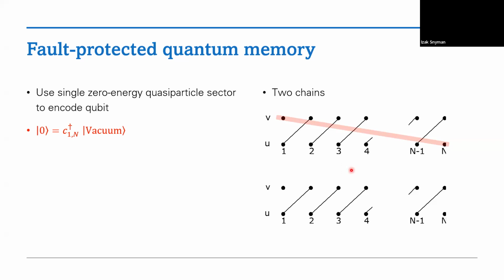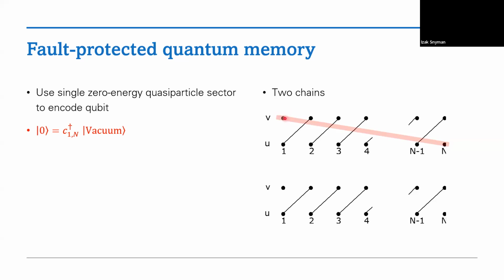Granted, this is quite artificial, but people got excited. The reason you might be excited about it is, amongst other things, it might allow for fault tolerant quantum memory. So we use two chains to encode one qubit, and we work with a single quasiparticle sector.